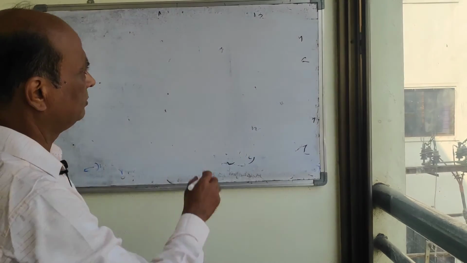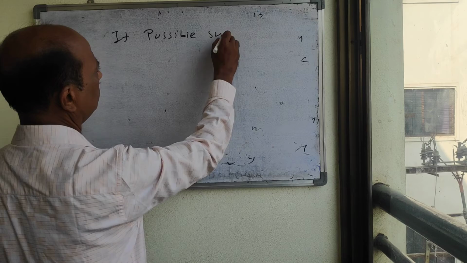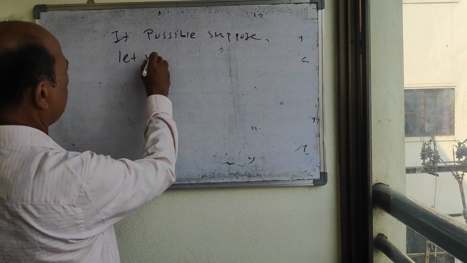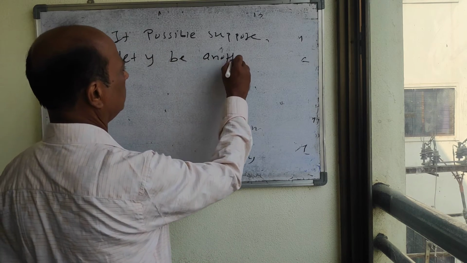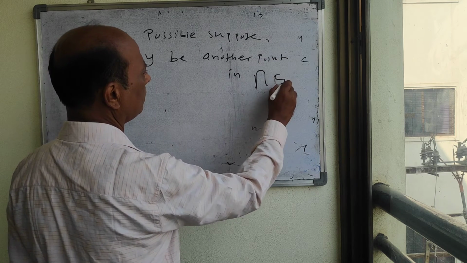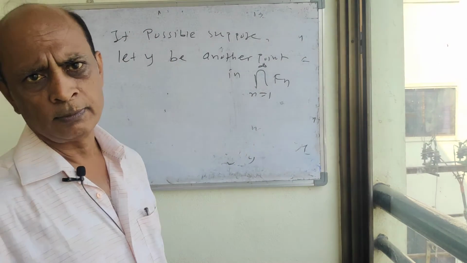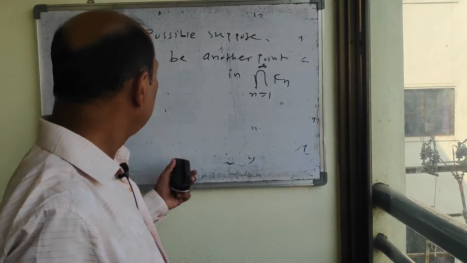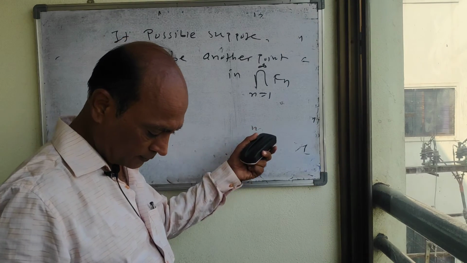If possible, suppose let y be another point in this intersection of Fn, n from 1 to infinity. We have to prove exactly one point, but here also we are using the method of contradiction. So let y be another point in this intersection of Fn.